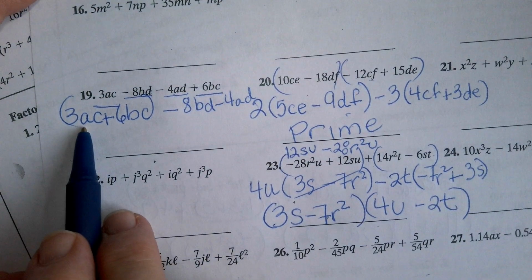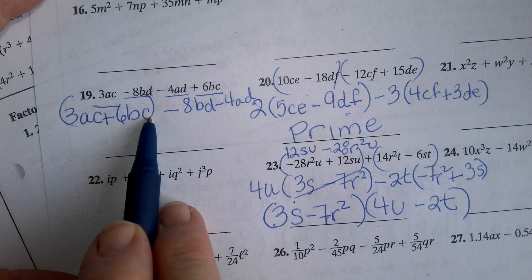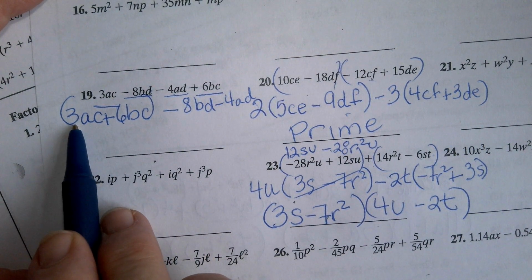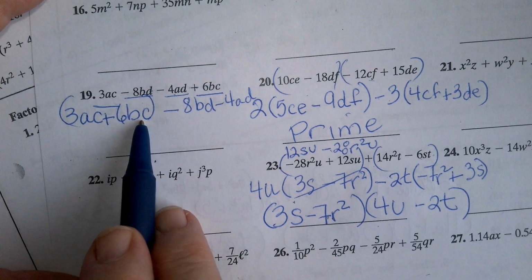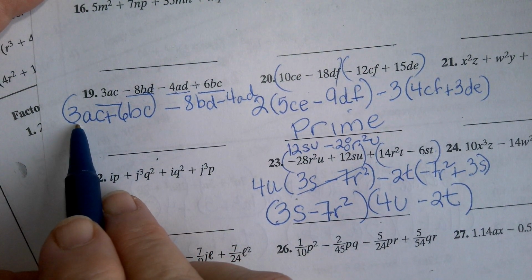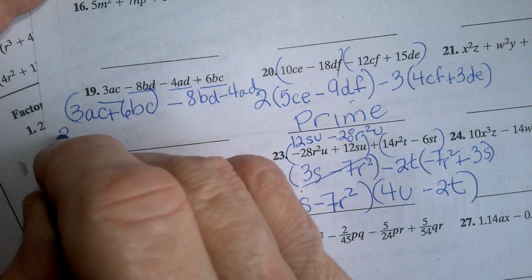So on this one, what can I pull out of this one? Can we pull out a 3 and a C? Yes, no, maybe? Yeah, 3 and a C. So 3C.